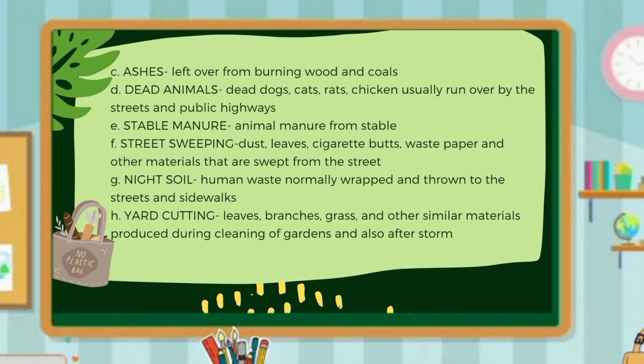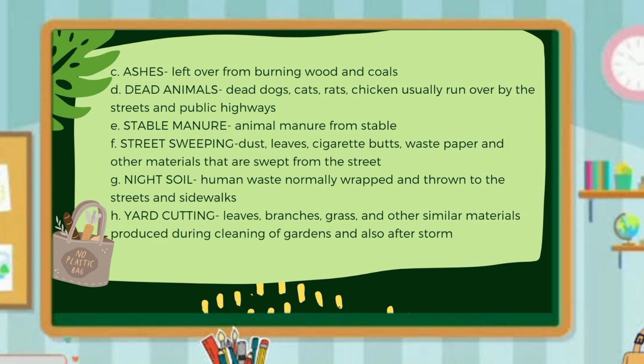Ashes: leftover from burning wood and coals. Dead animals such as dogs, cats, rats, and chicken usually run over on the streets and public highways. Stable manure: animal manure from stable.